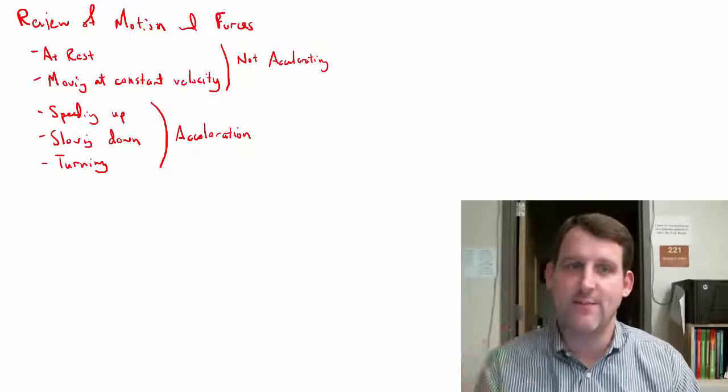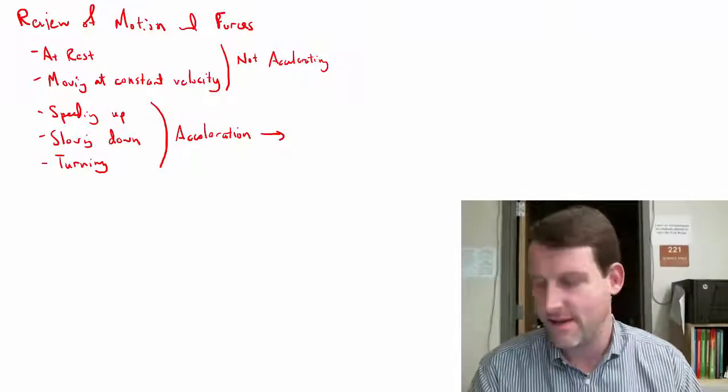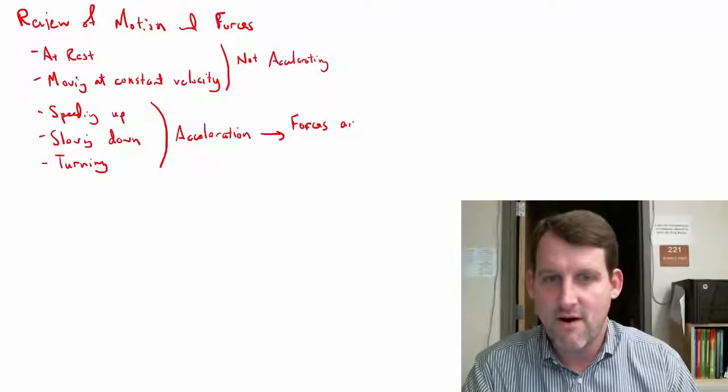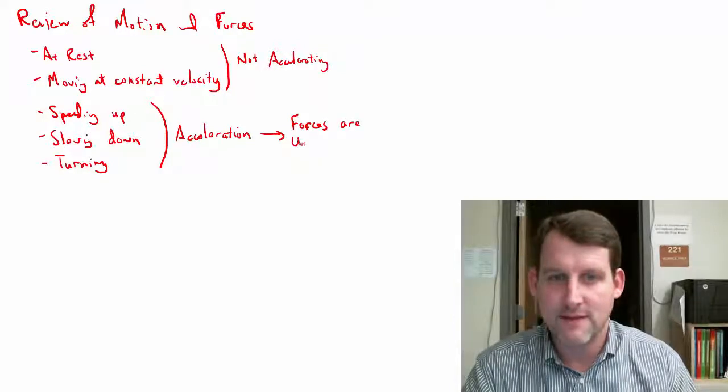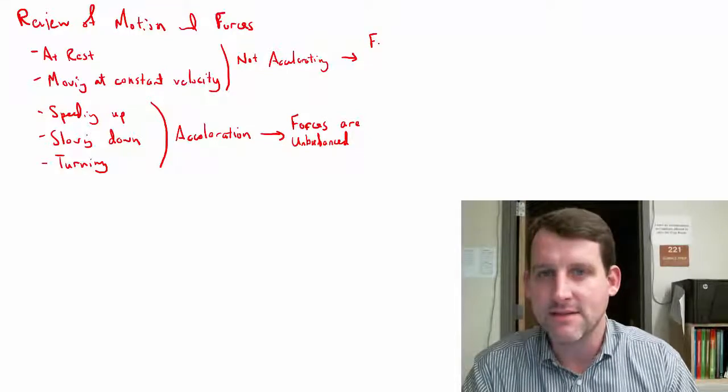And then the next step was to attach this to the forces causing it, right? So here we said that the forces are unbalanced. And here we said the forces are balanced.